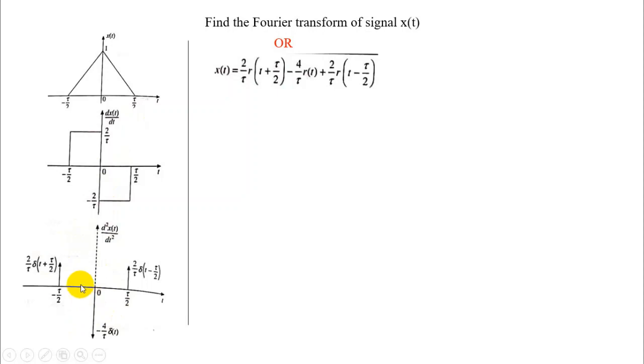Also this can be determined by writing this signal in terms of functions like that, as we have seen that this is the ramp. This ramp can be presented having the magnitude 2/τ, as it is presented in terms of t/τ minus t/τ.